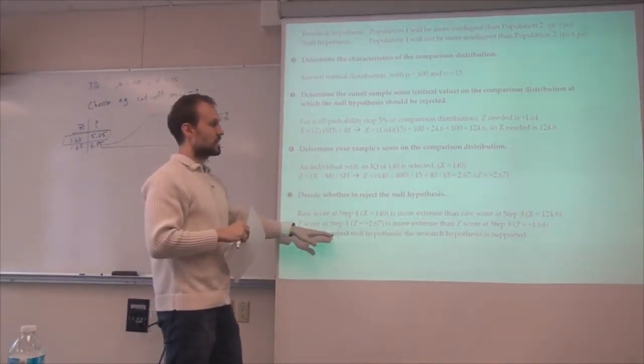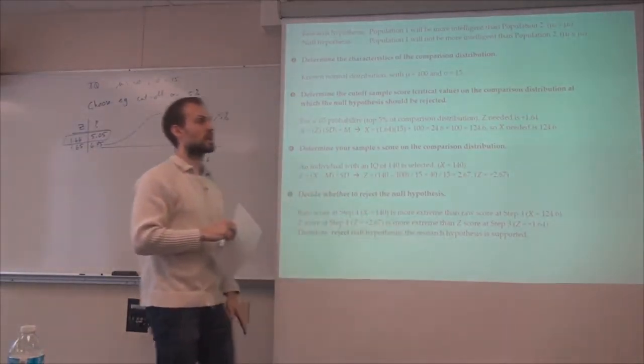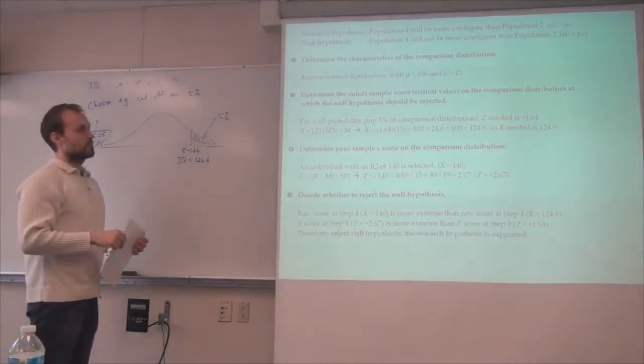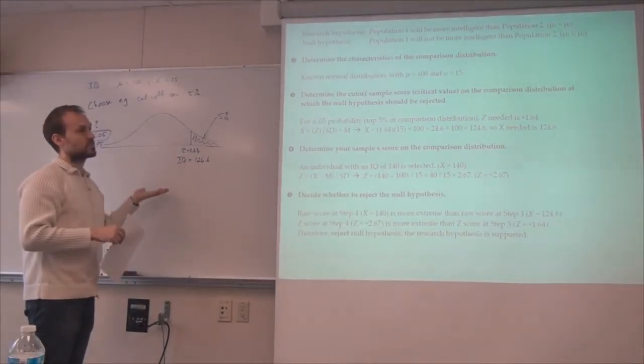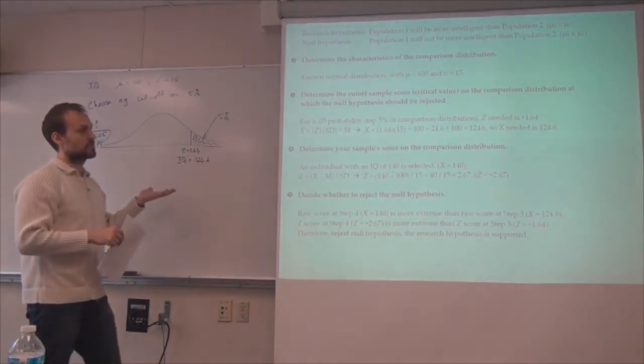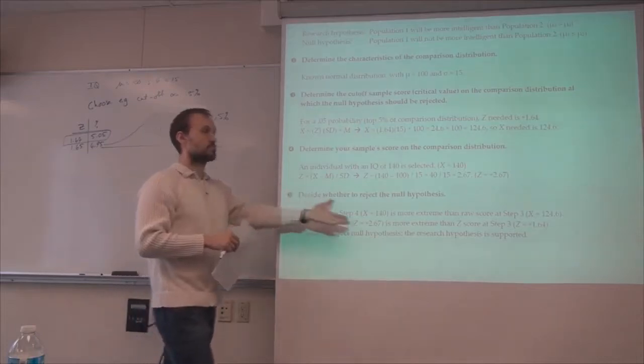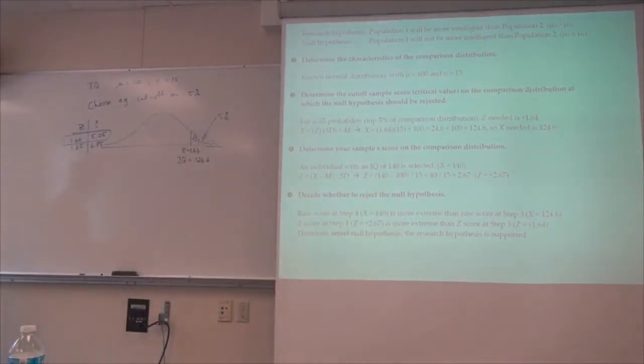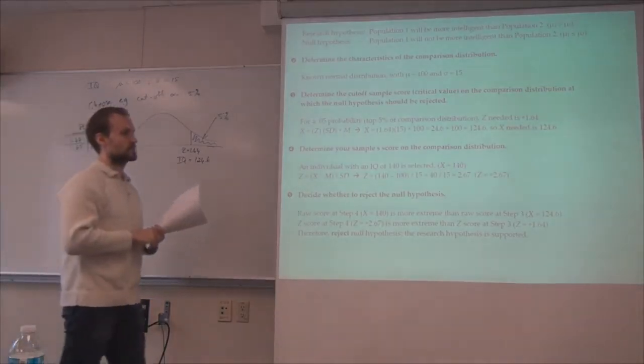I can only say that the evidence supports her claim. I don't know for sure that her claim is correct and that she actually has that skill. She could just be that lucky. Can't say for sure. But the evidence that she gives me with her sample, with her choice of a person, does support her claim.